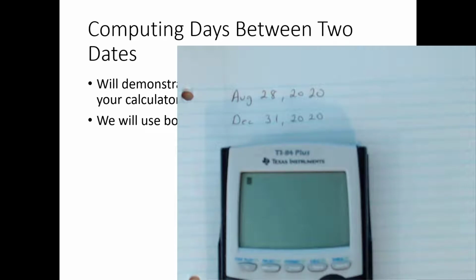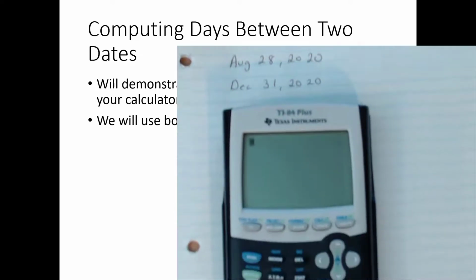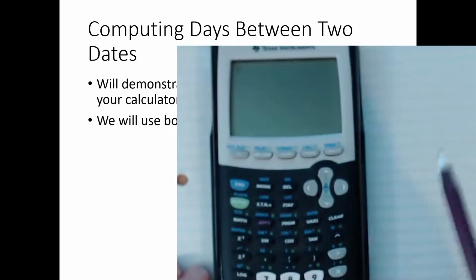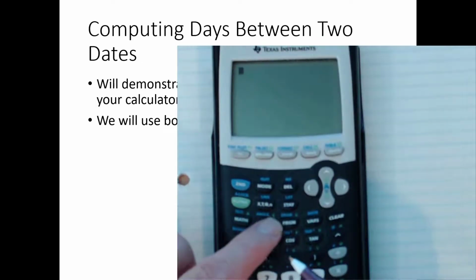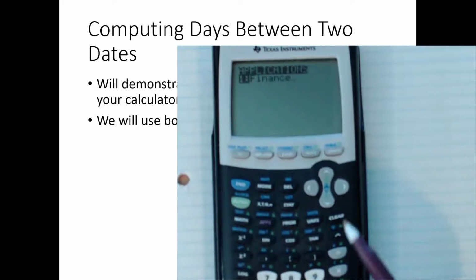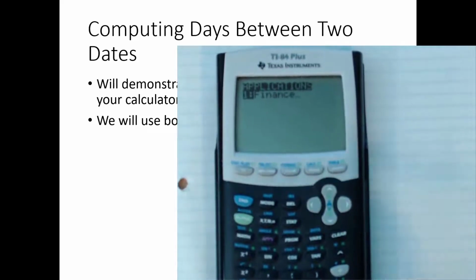So I have my TI-83, and I start off with looking at apps. You see this button here, apps. So I'm going to push apps. On that apps, one of the first things I see up here is finance. That's good. Finance is fun. And I click enter.